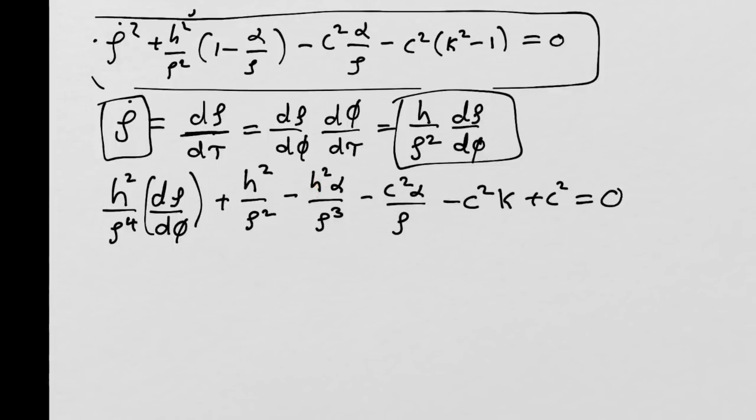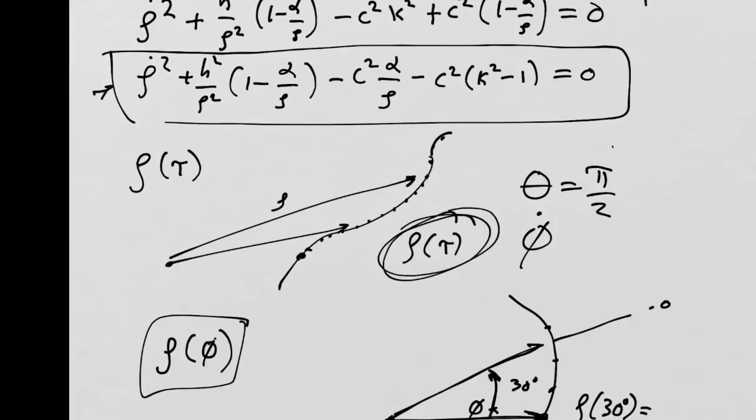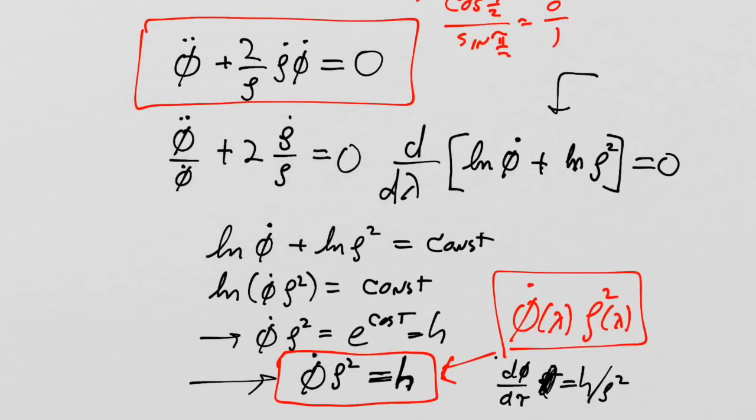So h is also measured in units of distance, so h squared is measured in units of distance squared, and this becomes unitless. Kappa is also, when c equals 1, unitless. We should probably go back and point that out.